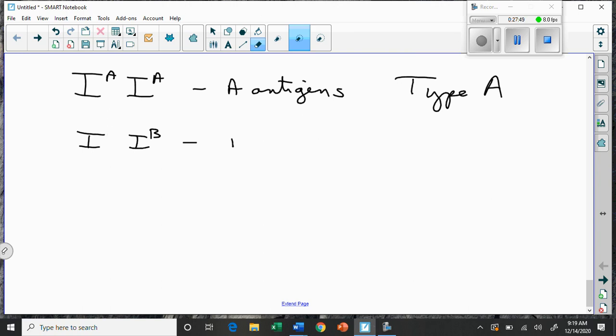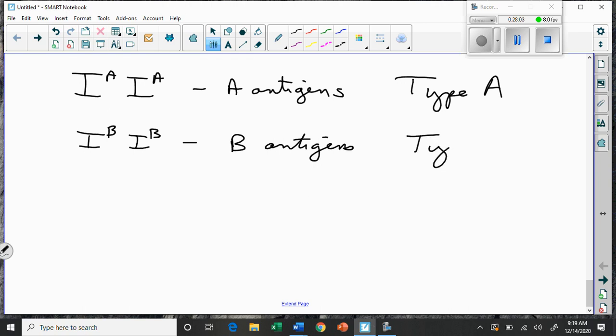Let's do both B's first. B, this would make B antigens, and you would be type B. Now, if you were to get these two, that would be no antigens, and you would be type O.